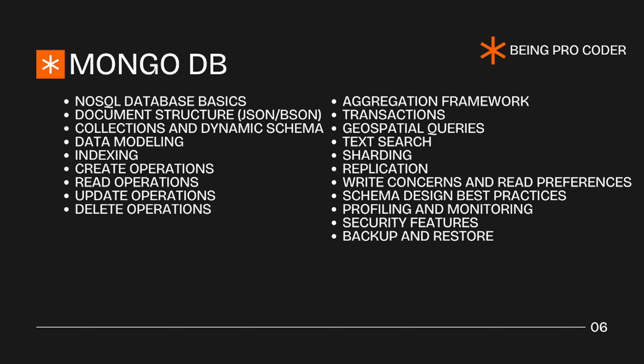Security features that need to be included while creating the database protect it, such as authentication and encryption of the data. Backup and restore is also an important thing that we need to learn in the database, ensuring the data safety by creating and recovering database backups. That's all about these topics that we need to learn in the NoSQL database, MongoDB.